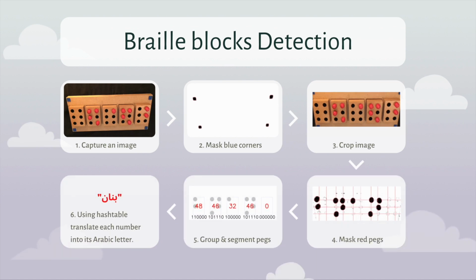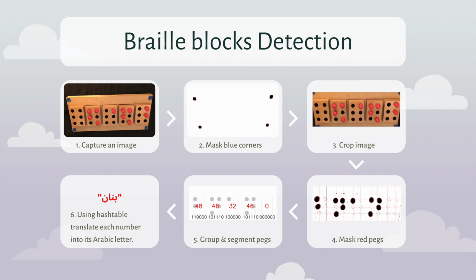The detection process starts when the system captures an image of the Braille base containing the block. The system applies the first color mask to obtain the blue corner of the base, and then crops the image based on the corner coordinates and fixes its perspective.